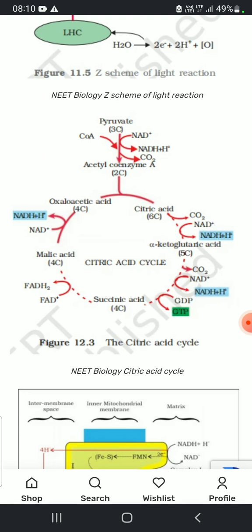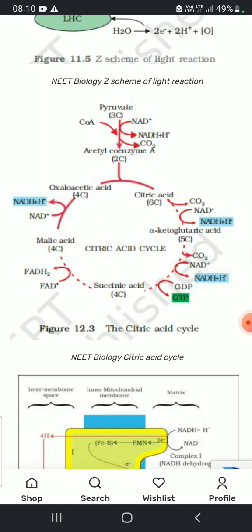In this whole process there are two steps of decarboxylation. The first step is from citric acid to alpha ketoglutaric acid, and the next is from alpha ketoglutaric acid to succinic acid, and there are 3 points where NAD is reduced to NADH plus H plus.